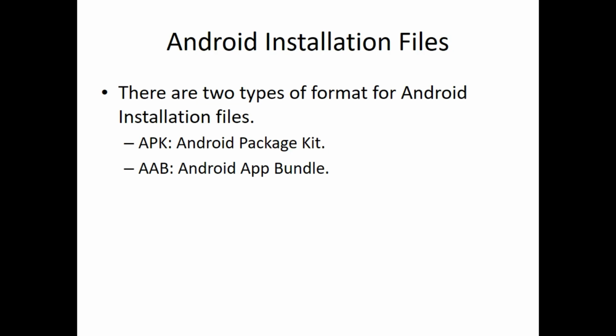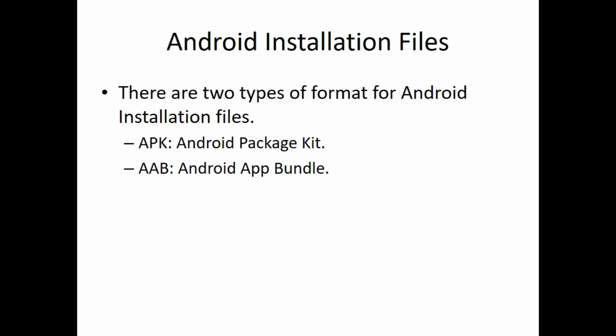So APK is an installation file, AAB is also an installation file, but AAB takes less space on the client machine when we install, and as per the architecture of the mobile, the APK is chosen, because AAB is a group of small APKs. So a bundle of APKs is called AAB. That's why it's called Android App Bundle.